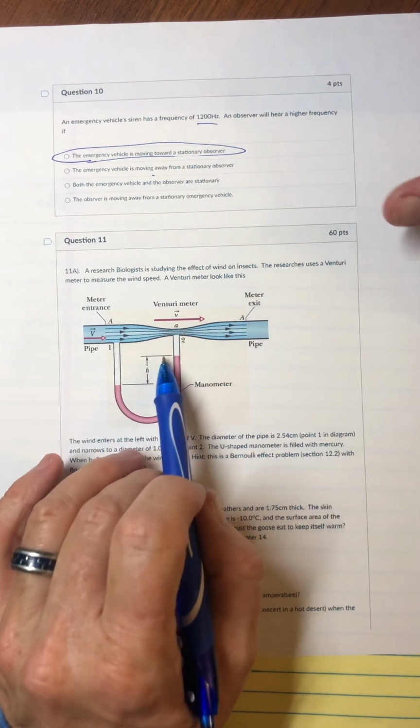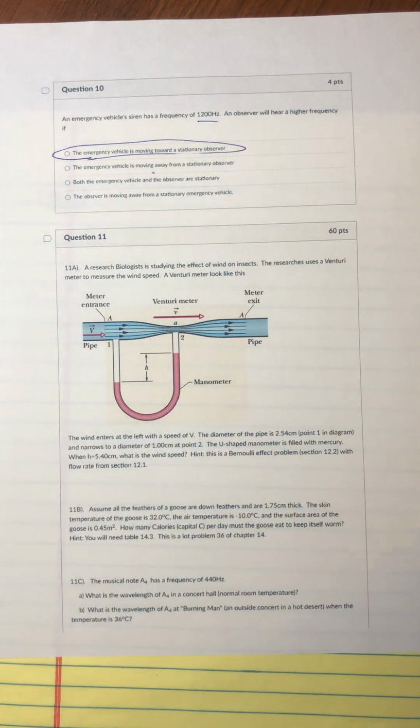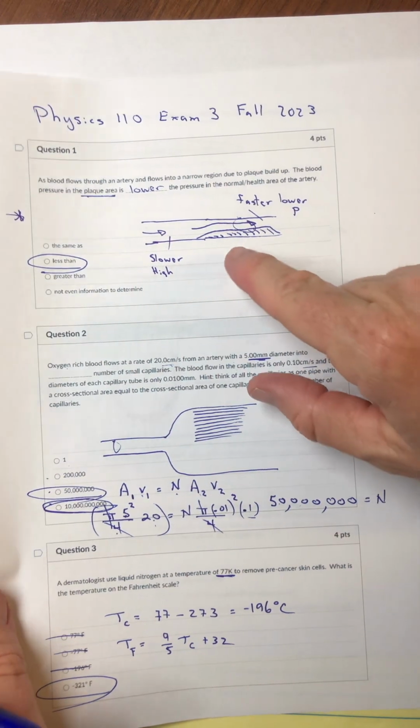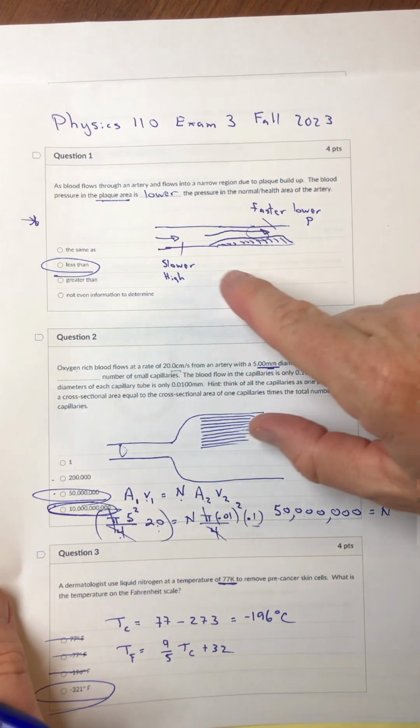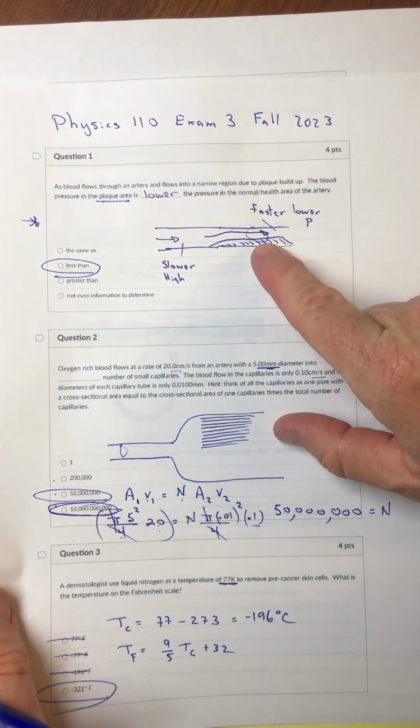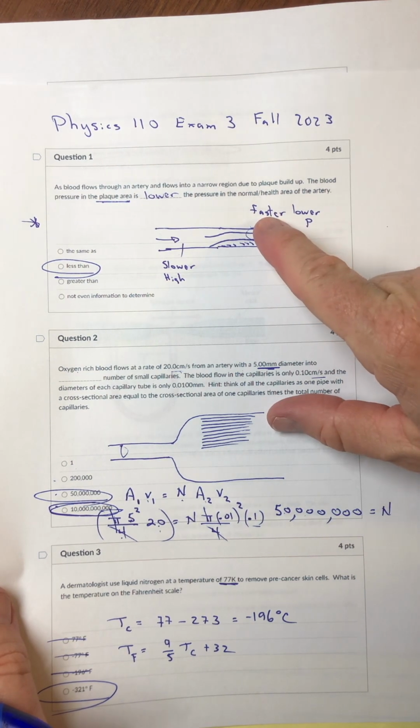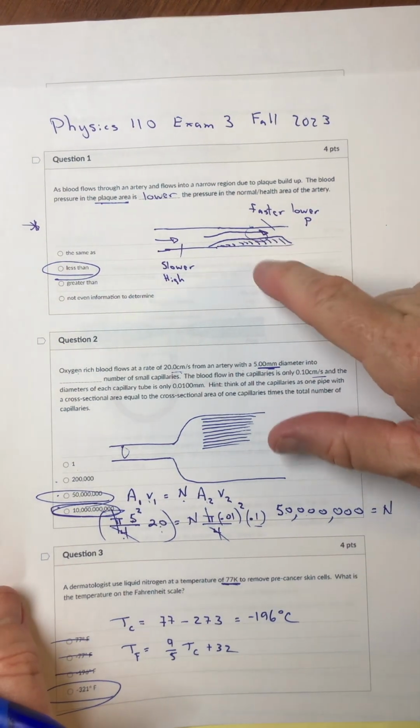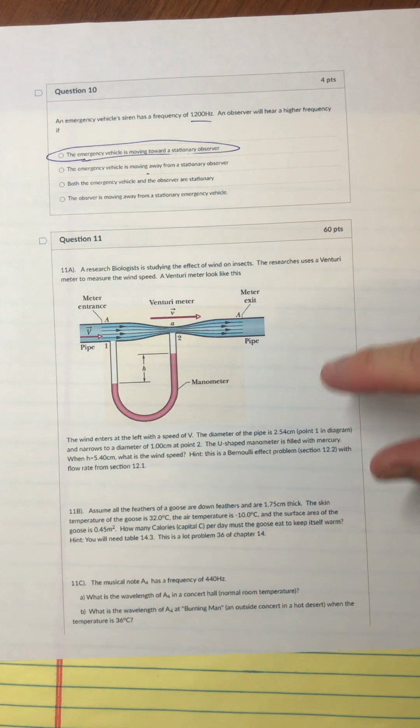And of course, this fits a lot like that first multiple choice one, I think. Both of these, but in particular this one, where we were talking about the narrowing and it being at a higher speed and a lower pressure. And that's what's going on here.